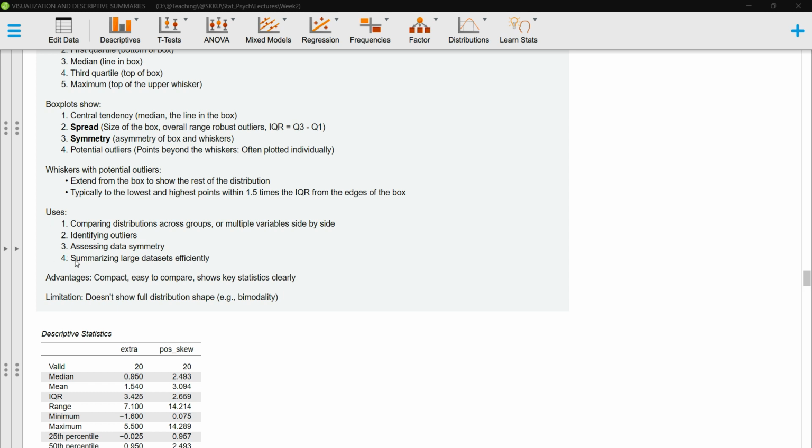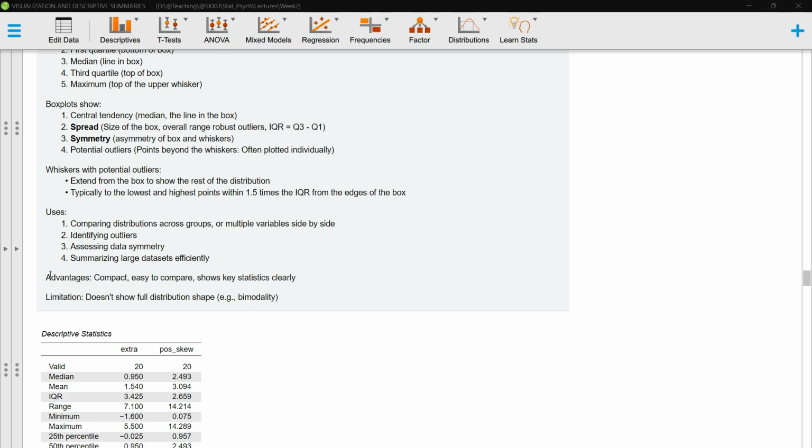And box plot summarizes large data sets efficiently, just as explained before. When we have many variables and many occasions, it is a very simple way to investigate their distributional characteristics.